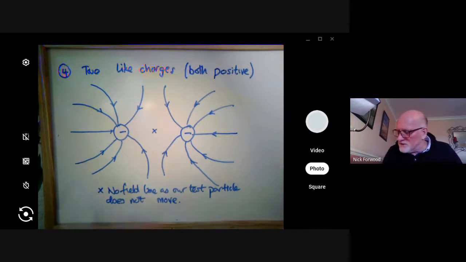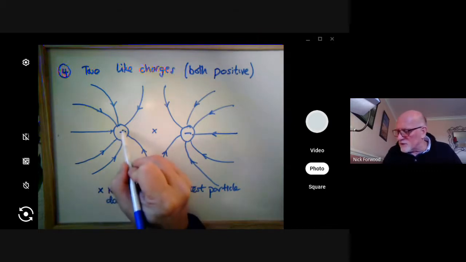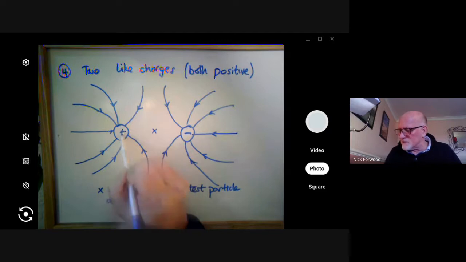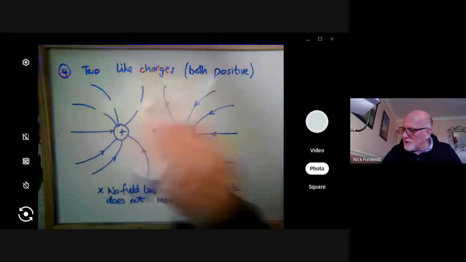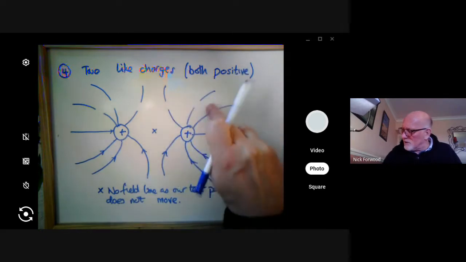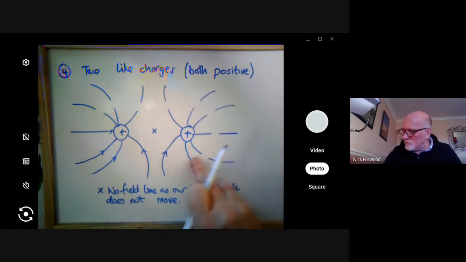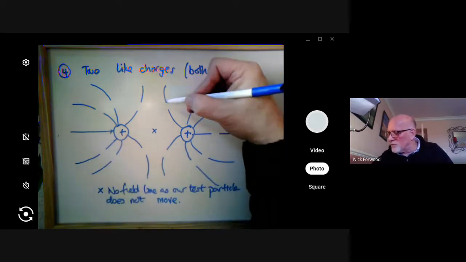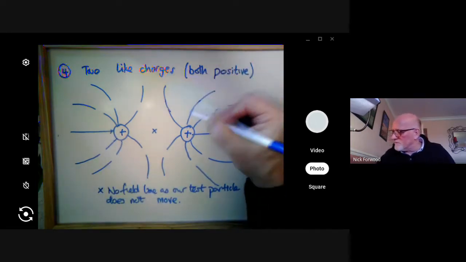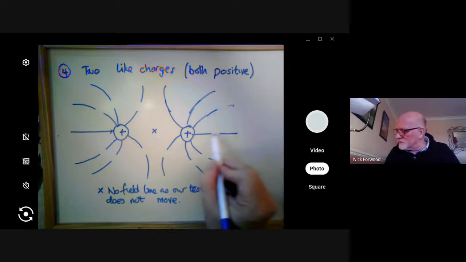So I can cheat here because I've got a whiteboard, and I can add that to make a separate diagram. And then all I need to do is go round and take all my ingoing arrows and make them all come out. And it's quite simple with a whiteboard. So I'll just complete my field lines, go back and draw the field lines in like this.